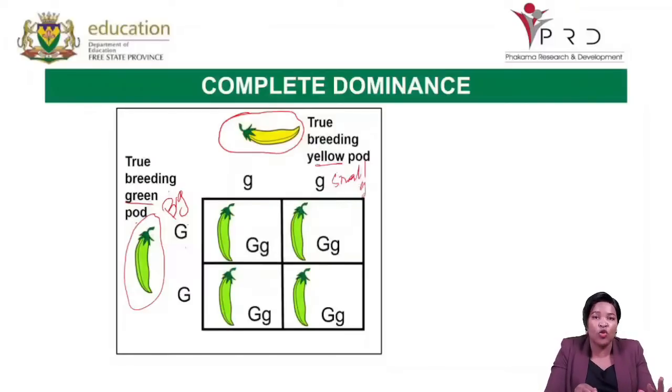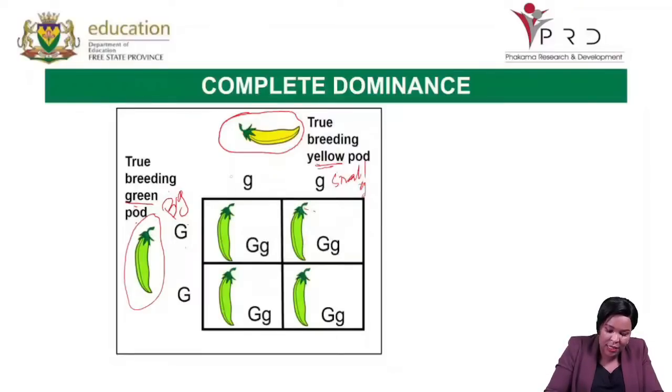So please make sure that you don't differentiate the letters and say G and Y. Right. So small g represents yellow, big G represents green. But then you see when they cross them, remember these are gametes. When they cross them, all the offspring are green.